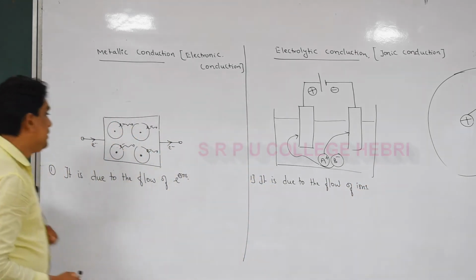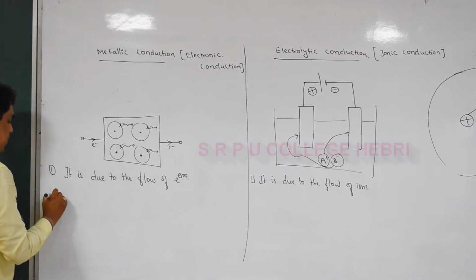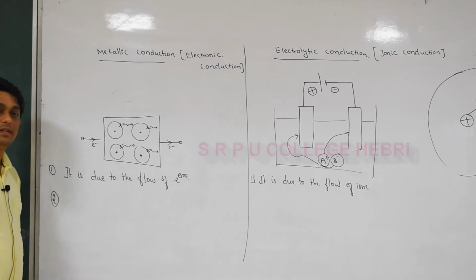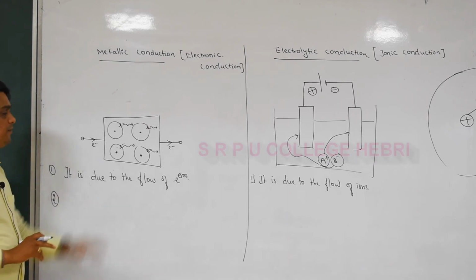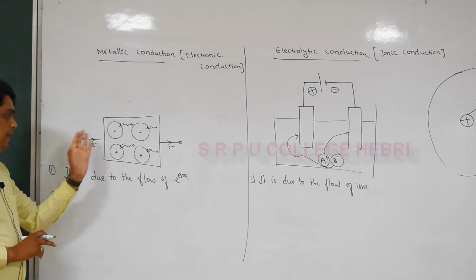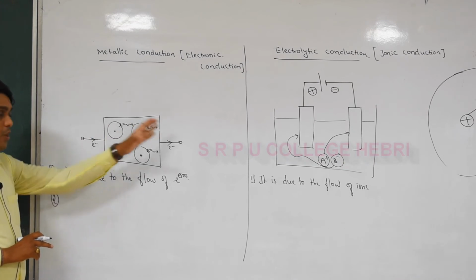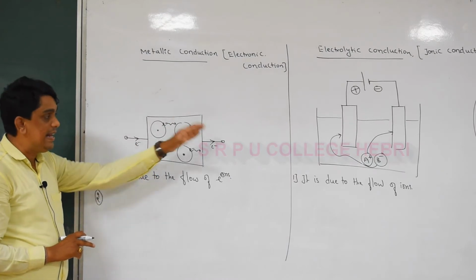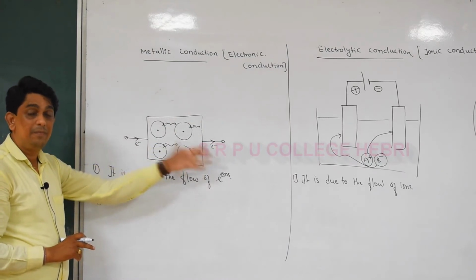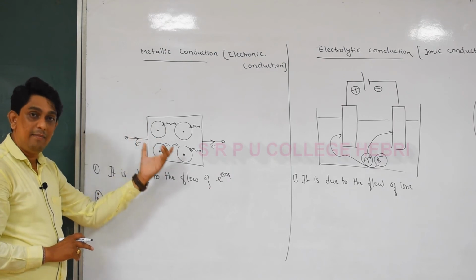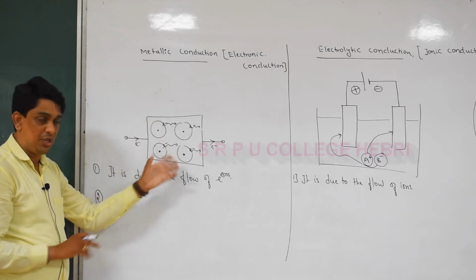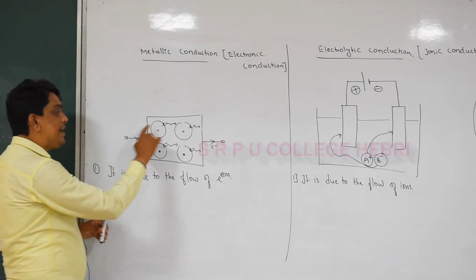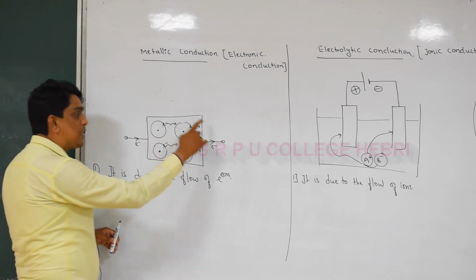Let me discuss now the second point. Pay attention. You know that during metallic conduction, if 10 electrons came in, 10 electrons went out; n electrons came in, n electrons went out. That means chemical change is not happening in metallic conduction. Five electrons coming in, five electrons going out.